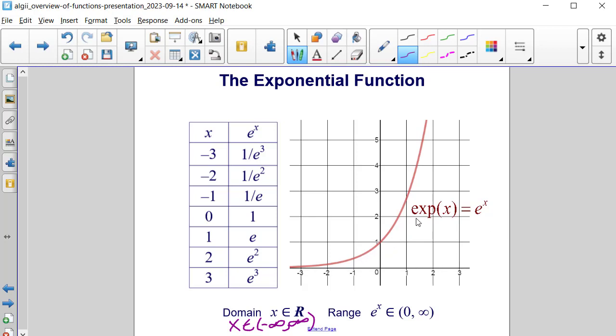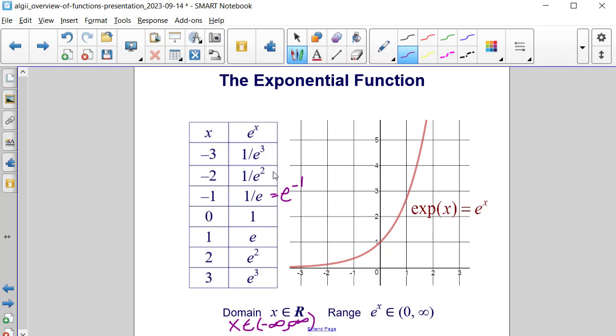As x continues to increase, the function continues to increase, making its upper bound positive infinity. However, as x decreases, the exponents become negative. And when this happens, we have e to the negative first power, which is equal to 1 divided by e. And e is about 2.718, so that's kind of close to a half.